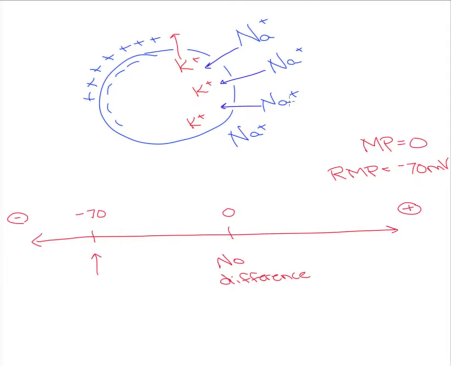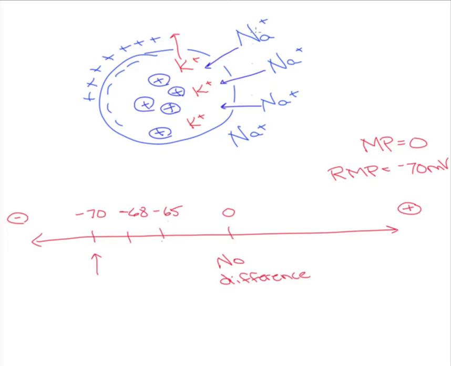So what happens if we add a bunch of positive charges to the inside of the cell? So that is adding positives to this area. Sodium's coming in and we're adding positives. So we're actually making it less negative. We are changing it so this 70 millivolt difference between the inside and the outside might be less. It might be moving to maybe negative 68 or maybe negative 65.